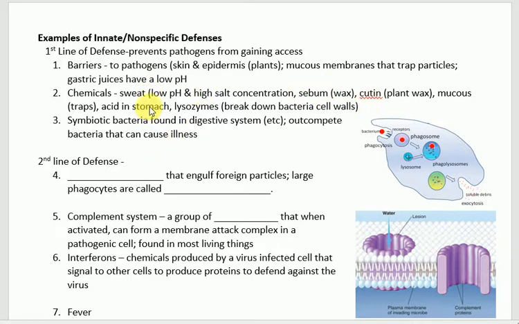And again, acid in stomach and lysozymes that are going to break down bacteria walls. Then we have symbiotic bacteria that is found in our digestive system. And basically what happens is they do us no harm, obviously, because it's symbiotic, but they outcompete the bacteria that invades our stomach that can cause illness.